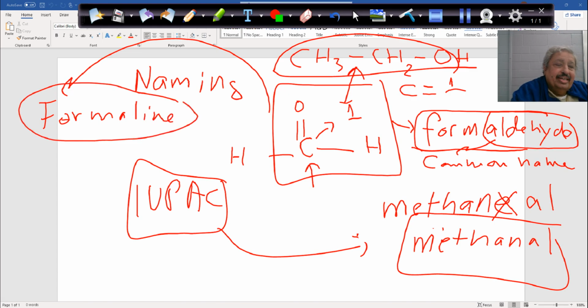Formalin is a very excellent preserving mixture, a combination of alcohol, ethanol, and formaldehyde, correct? So that's what you use mostly the formaldehyde for. We use it in the lab a lot.